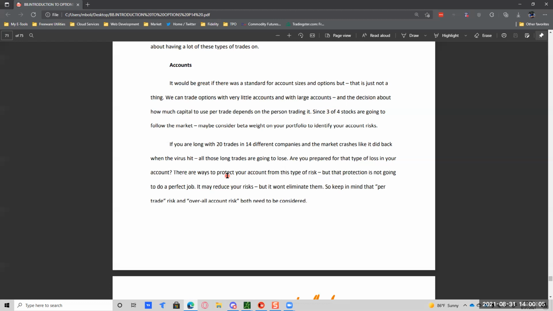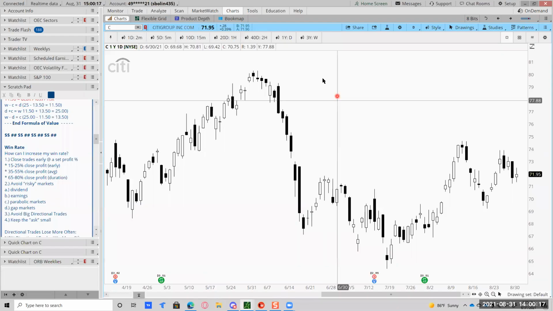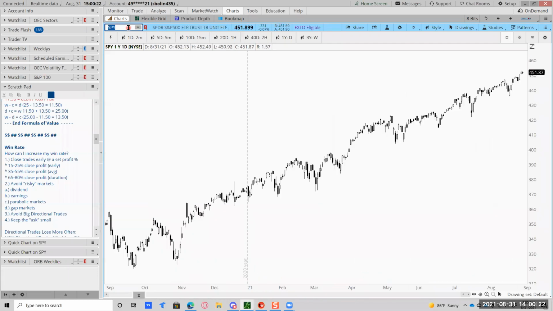You don't want to use the bulk of your account. That's for sure. And it comes back to the 3 out of 4 rule. Back when the virus hit, for an example, everything fell.